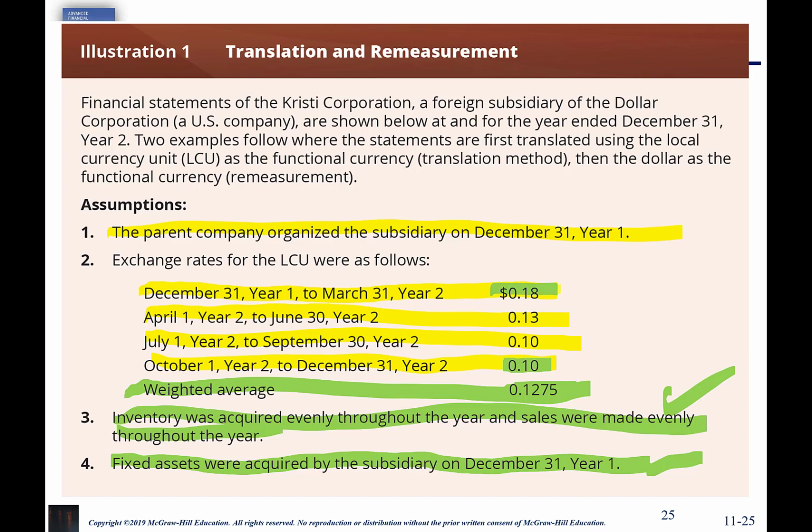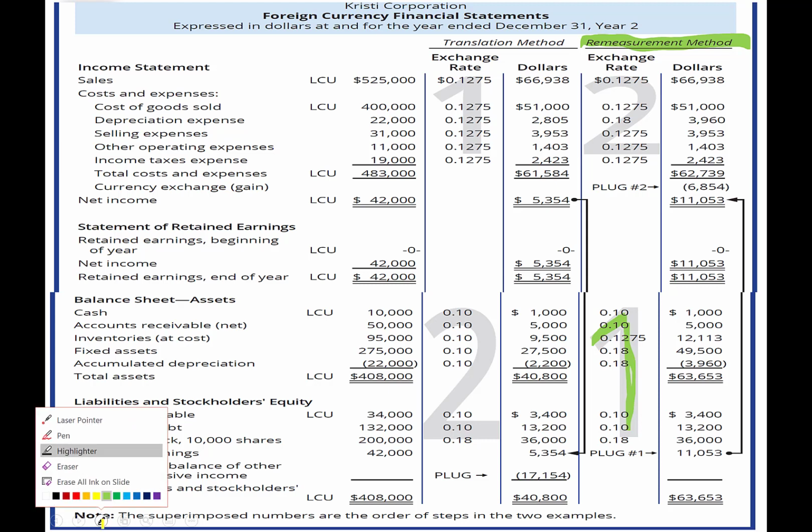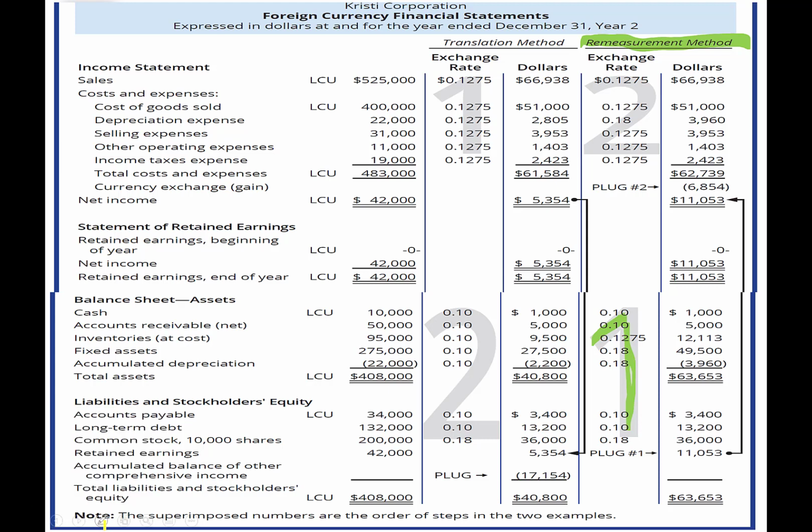So let's see if that's what we did. Sure enough, we start with the balance sheet. We remeasure the balance sheet, and we take the item denominated in the foreign currency, whatever it is.